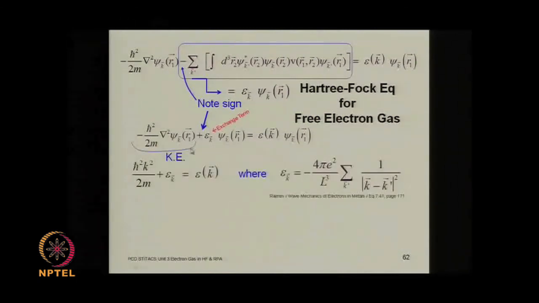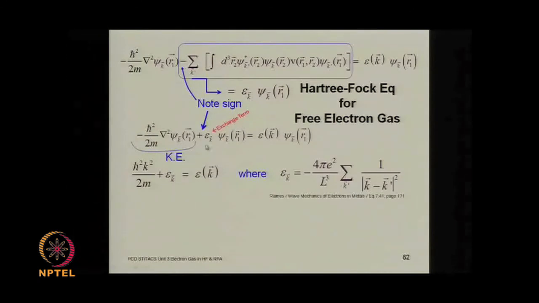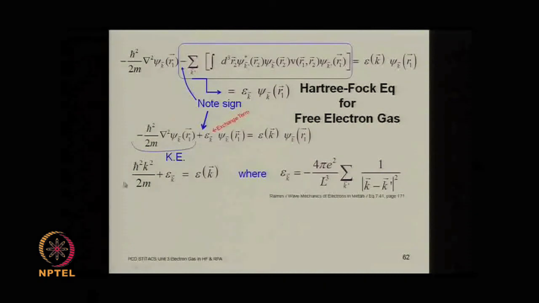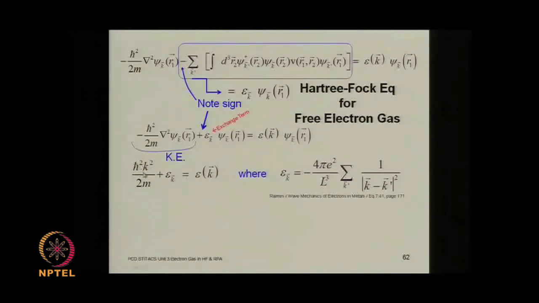You have the kinetic energy operator in the first term, so that will obviously give you h cross square k square by 2m. What else can it give? So you have h cross square k square by 2m plus this epsilon subscript k, both operating on psi k of R1. On the right hand side you have epsilon with argument k multiplying the same orbital. So the kinetic energy plus the exchange term is equal to this Lagrange multiplier term, where the epsilon subscript k is this relation.